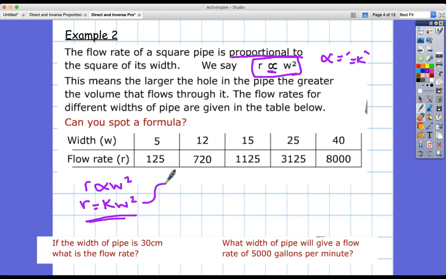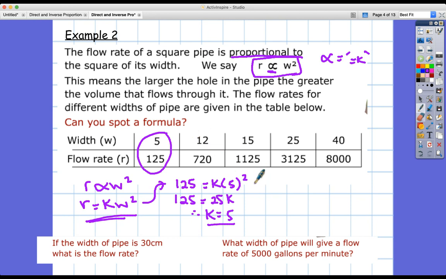Now it's just a case of investigating what K is by substituting in a pair of values for the width and the flow rates. So here R is 125, let's get them in the right order. 125 is equal to K times 5 squared. 125 is 25K, therefore K is equal to 5.